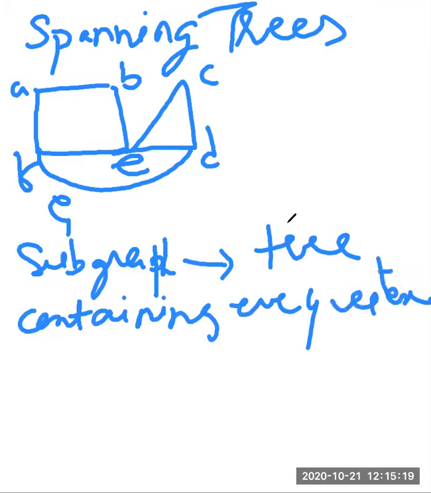And what is the definition of a tree? A tree is a graph which does not have a circuit. So every vertex should be considered, but there should not be any circuit.